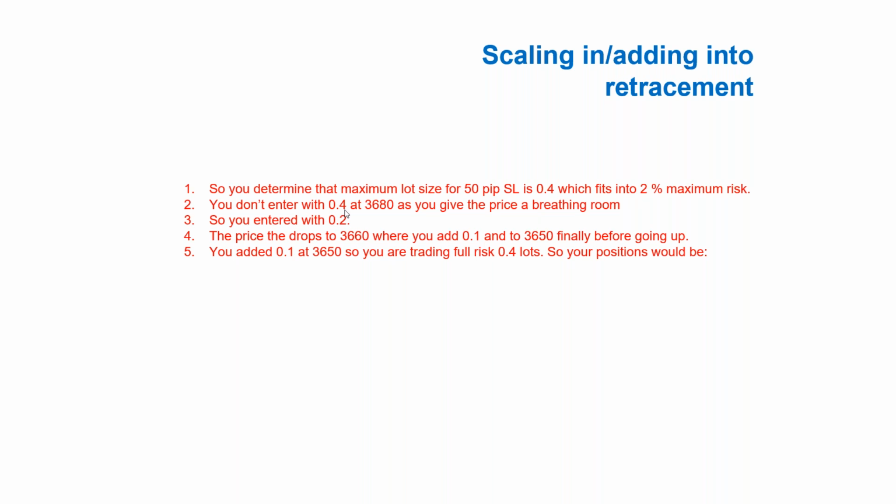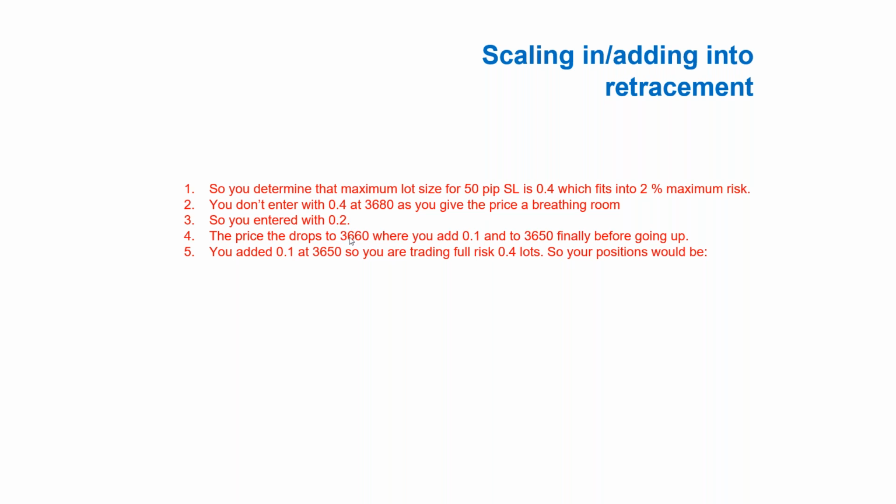So you don't enter with 0.4 lots immediately. This is the price. It doesn't matter which pair. We just use it for the webinar purpose, okay? So 0.4 lots at 36.80. We don't use all this risk immediately, so we open 0.2 lots.